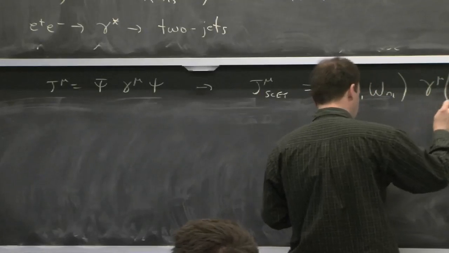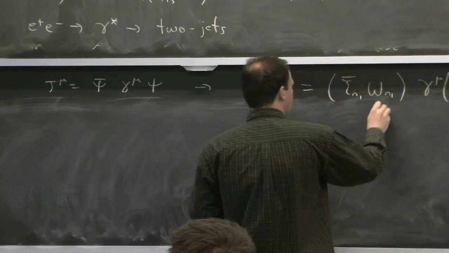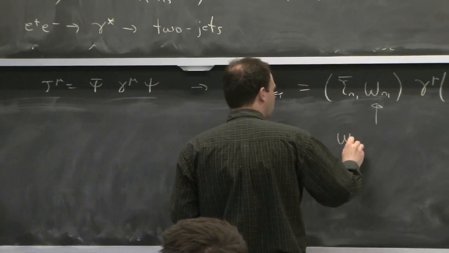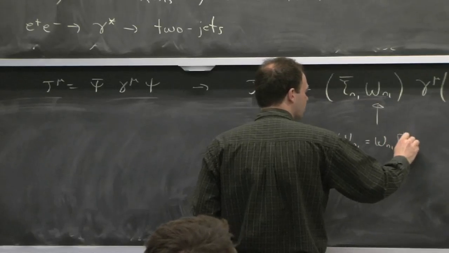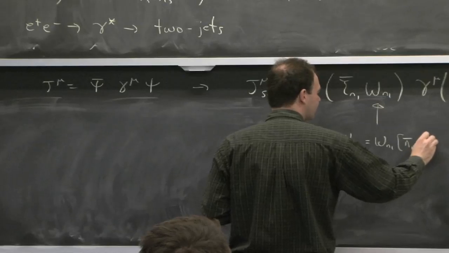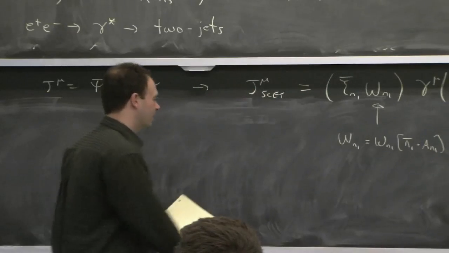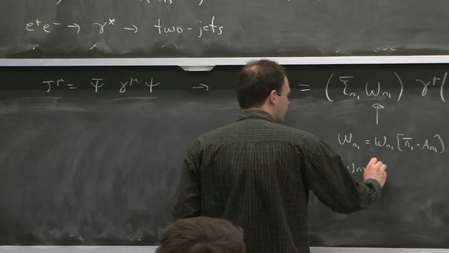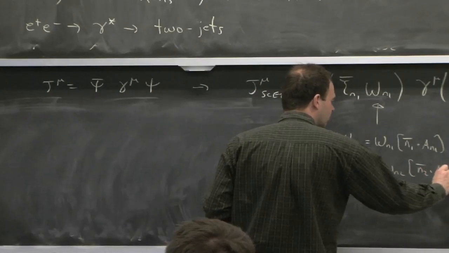The difference here is that we get 2 different types of Wilson lines. So this N1 Wilson line, Wn1, my notation is that the subscript indicates that it's n1 bar dot A n1 that shows up, and then likewise Wn2 is a function of n2 bar dot A n2.